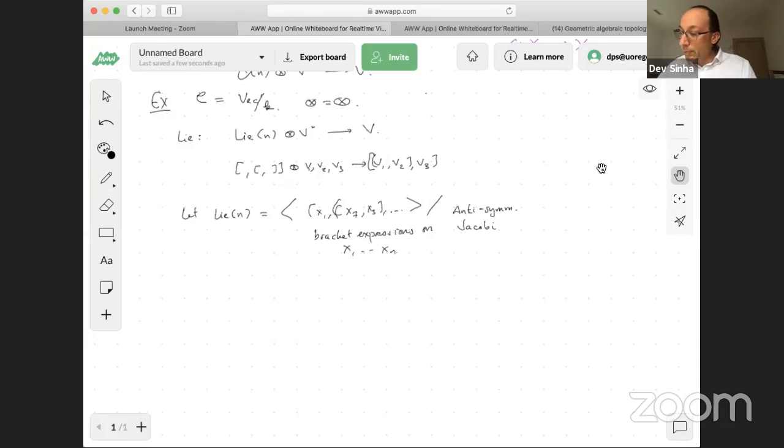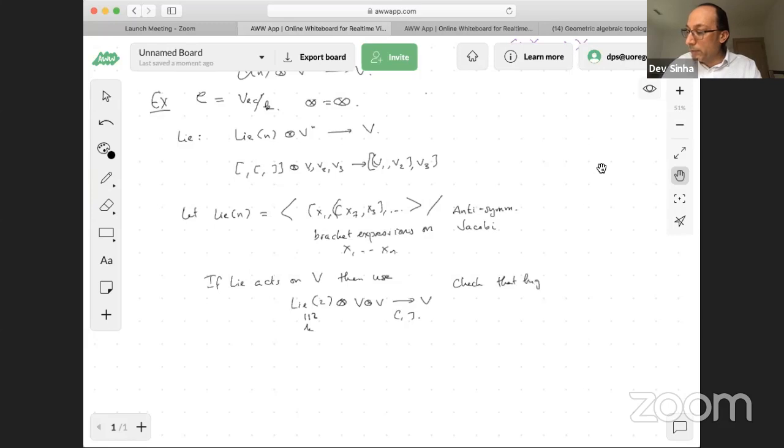So conversely, if Lie acts on V, then use the bracket Lie 2, which is, by the way, isomorphic to the ground field. It's generated by x1 bracket x2 or x2 bracket x1. So anyways, tensor V to define the bracket, and then check that we've set this up so that higher brackets are compatible.